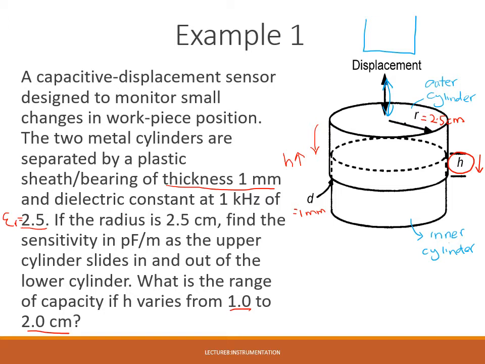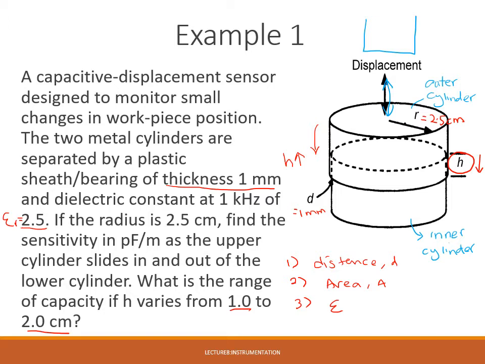All right. So we need to determine what is the basic concept of this design. We have discussed, we have three ways of designing a sensor, where the first one is by changing the distance, D, by changing the area, shed area, and also by changing the epsilon, the dielectric.